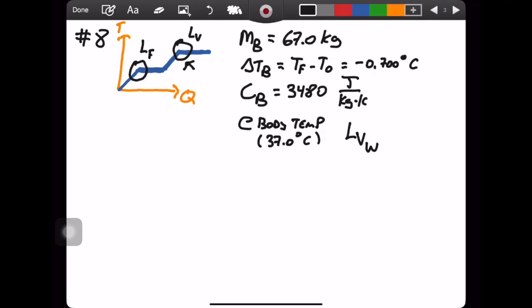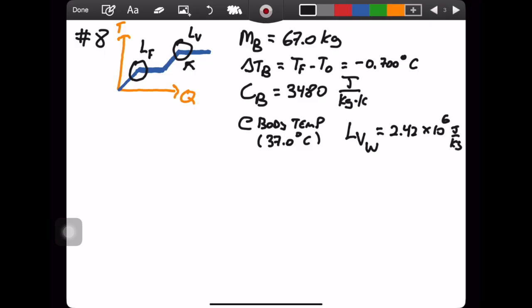That's what evaporation is. You can imagine liquid water in the form of perspiration on your skin. That transitions to water vapor in evaporation. So we're talking about latent heat of vaporization. That is equal to 2.42 times 10 to the 6 joules per kilogram.